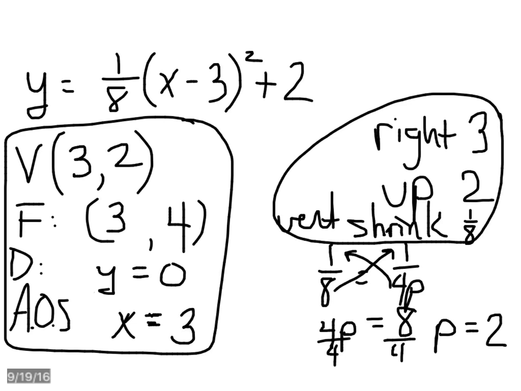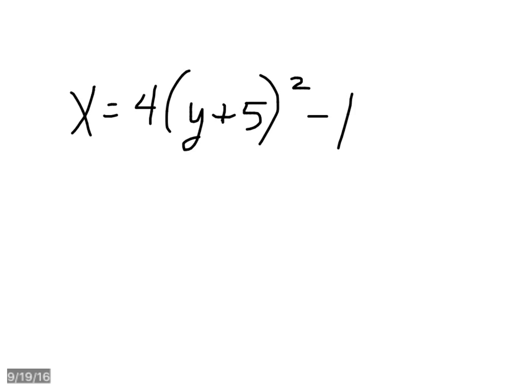That was a y equals 1. So if I have x equals, the first thing that I'm going to do is find the vertex. What's the vertex for this one? What number's in the h position? -1's in the h.